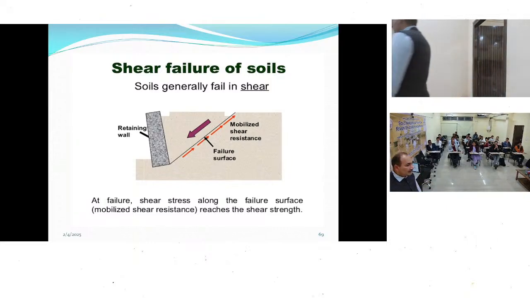Here the complete wedge is formed and taken away from the soil, so the failure plane is a straight line, a planar plane.